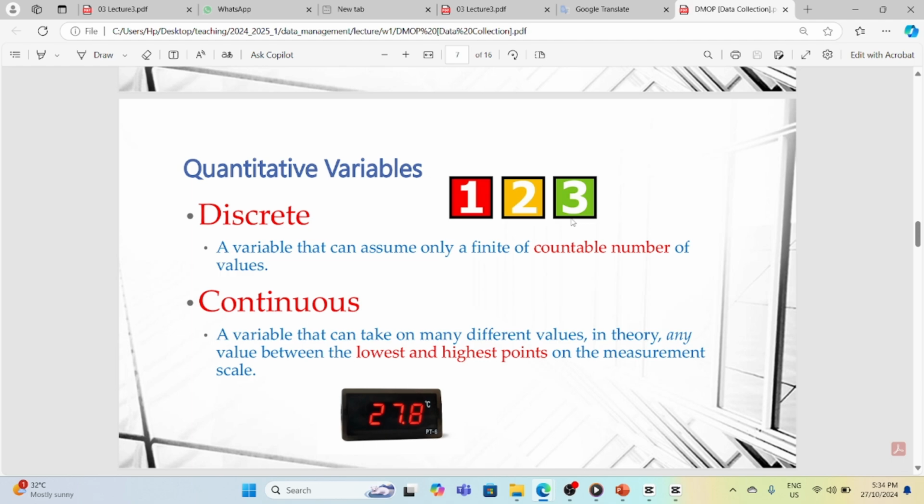A continuous variable can take on many different values in theory, any value between the lowest and highest points on the measurable scale, like 27.8 degrees Celsius, or a height of 176.8 centimeters. So this kind of data is continuous and a type of quantitative data.